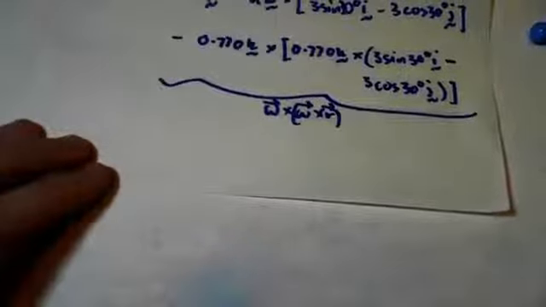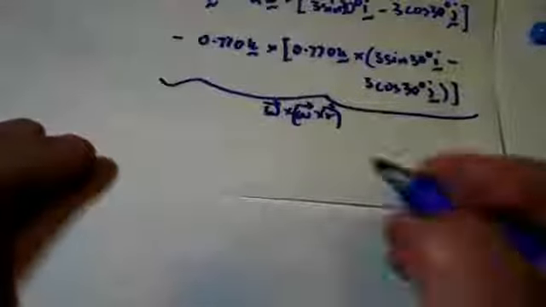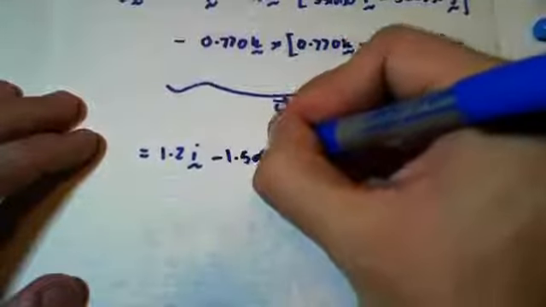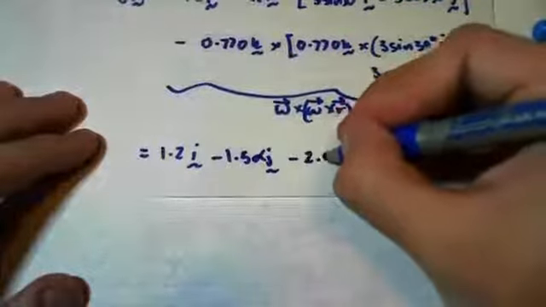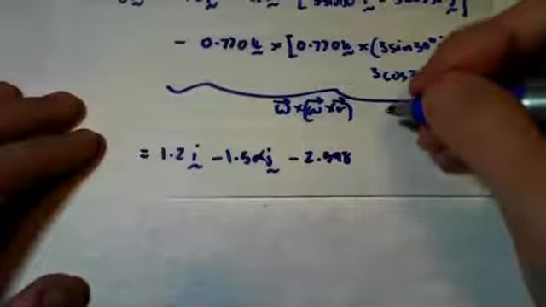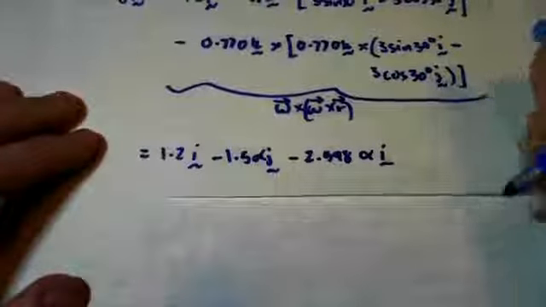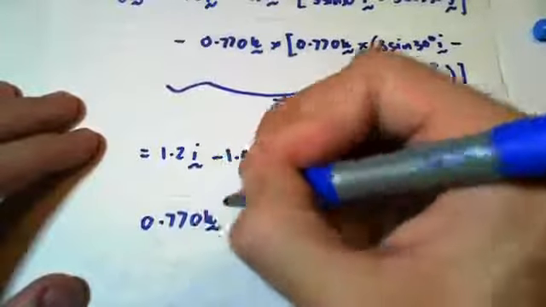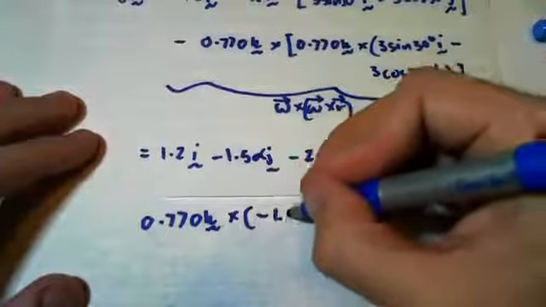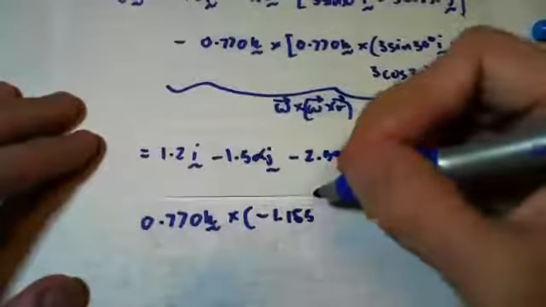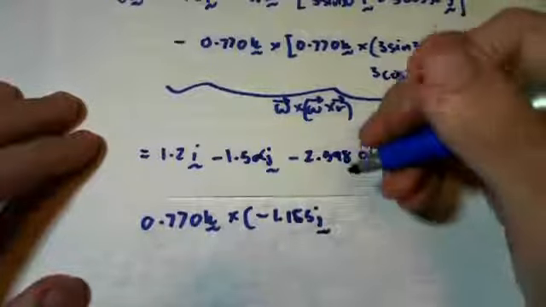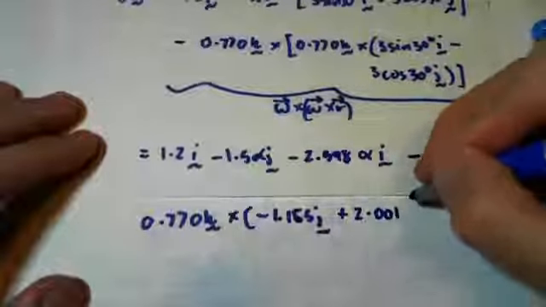We can then go ahead and say that this is equal to 1.2i minus 1.5 alpha j minus 2.598 alpha i, and we're going to subtract our 0.770k cross negative 1.155 j plus 2.001 i.